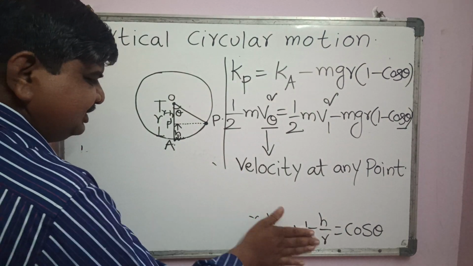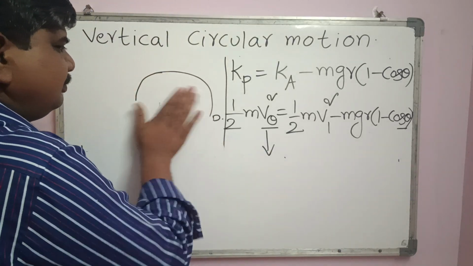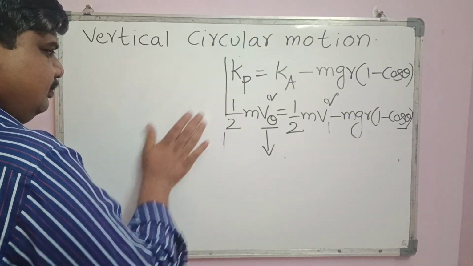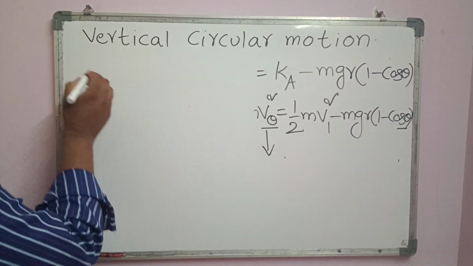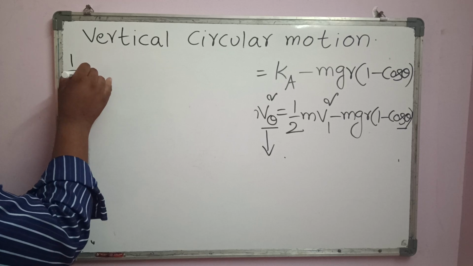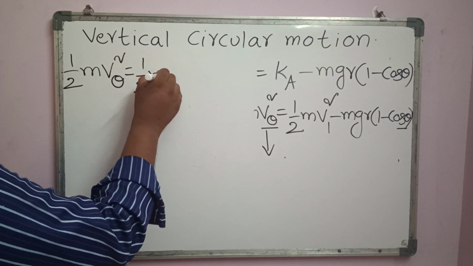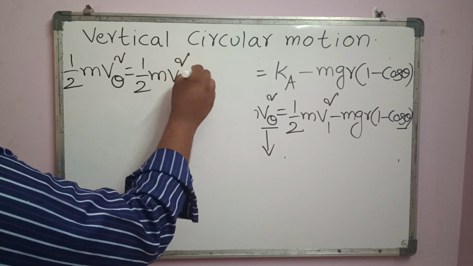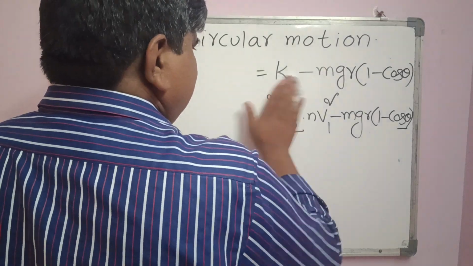So we'll take that equation: half m v theta square equals half m v1 square minus mgr of 1 minus cos theta.